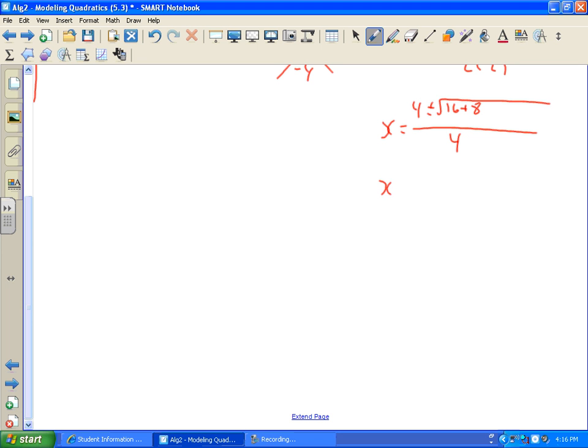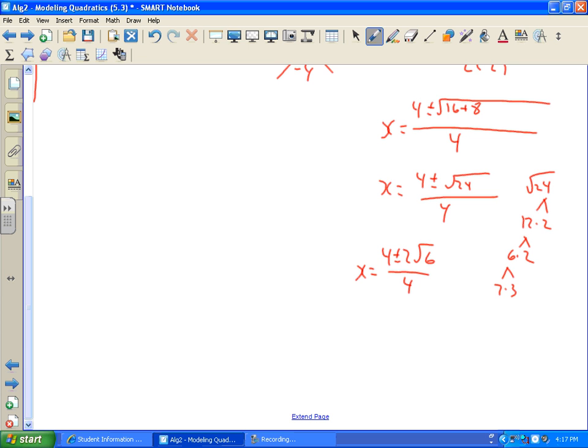That's going to be x equals 4 plus or minus the square root of 24 over 4. Simplify that radical, it's square root of 24. And that comes down to be 12 and 2, 6 and 2, and then 2 and 3. Hopefully you guys agree with me, that's going to be 2 root 6. So x is going to be 4 plus or minus 2 square root of 6 over 4.